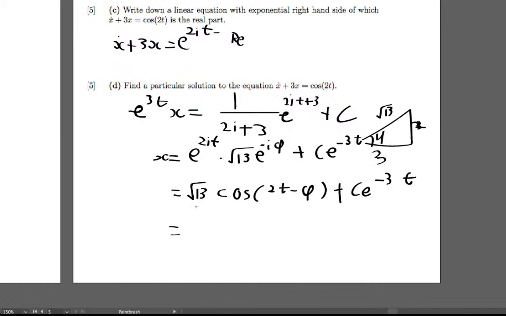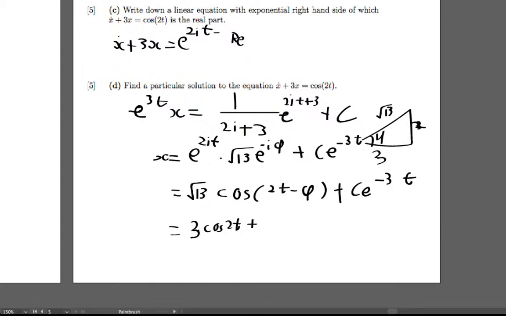So that means this would be 2 cosine 2t, add this by sine of phi, which is 3 over square root of 13.